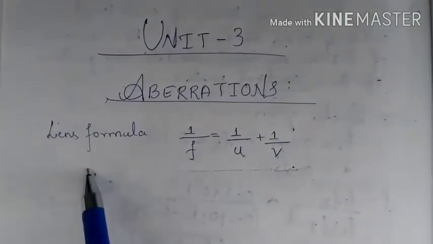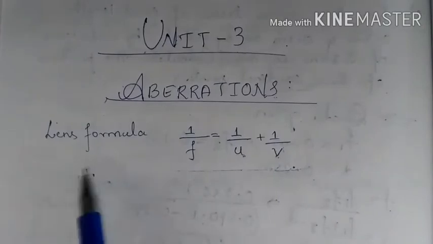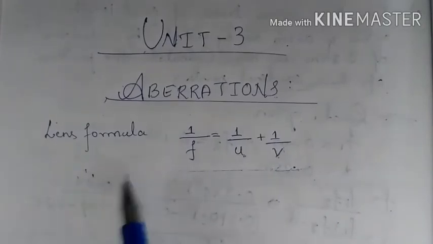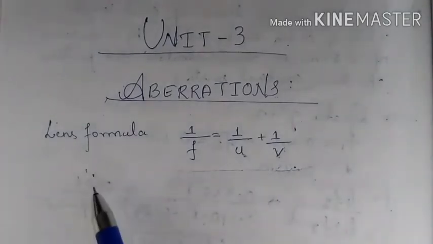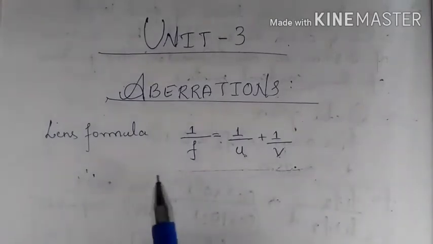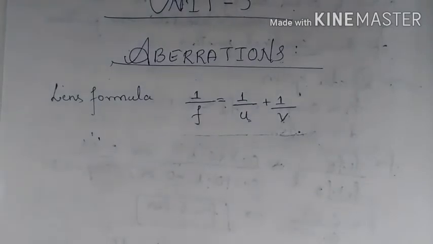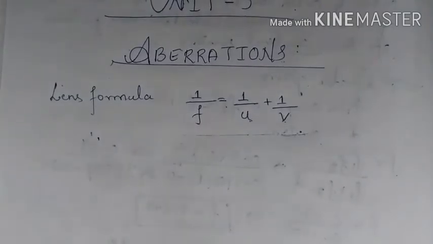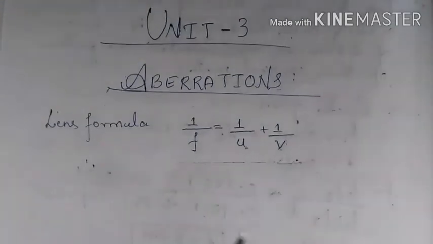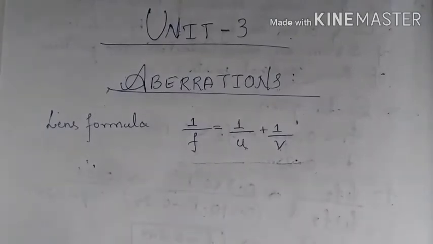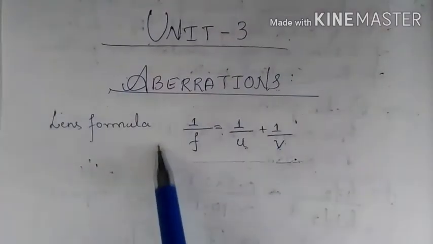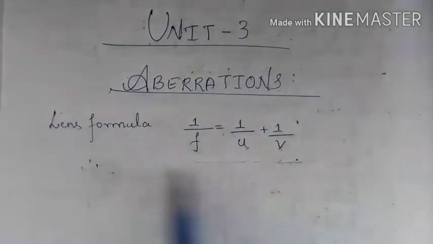This lens formula is for a lens whose aperture is very small and the rays coming from the object make a very small angle with the principal axis. Those rays are called paraxial rays. If the aperture of the lens is large, or the rays falling on the lens make a large angle with the axis, then this formula will not work.